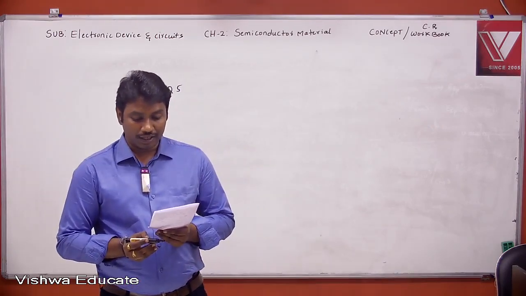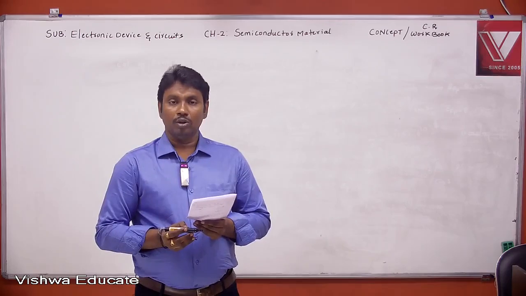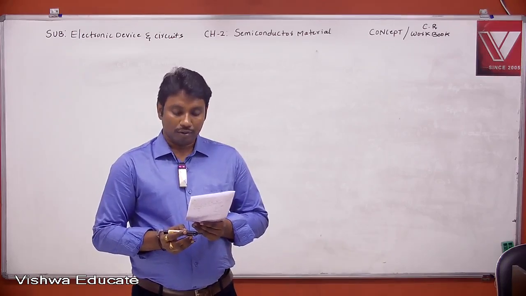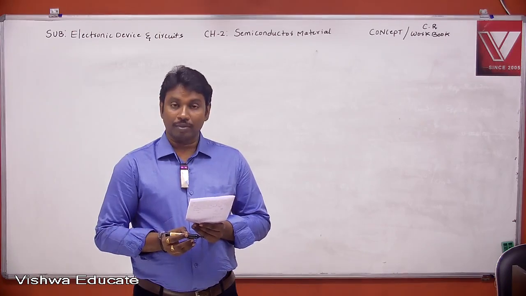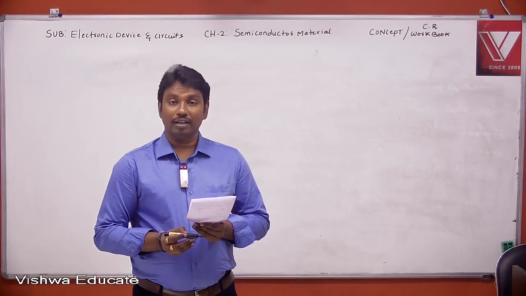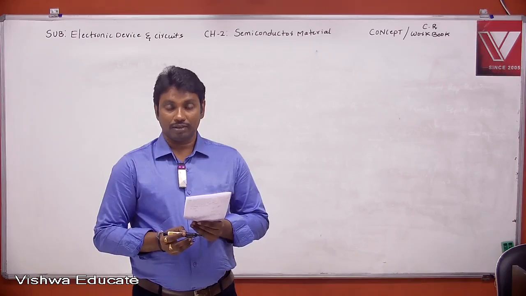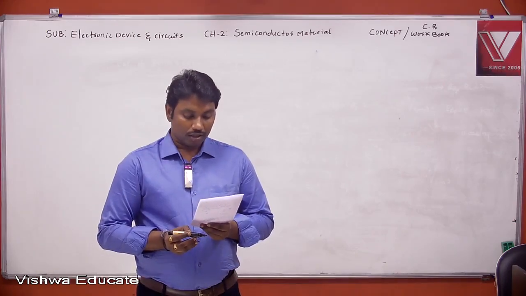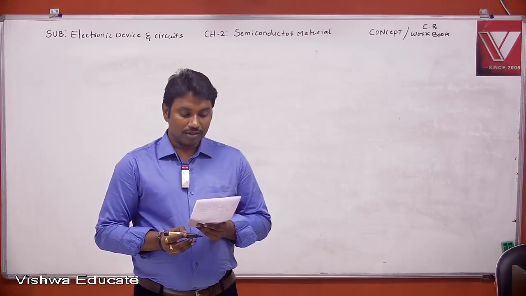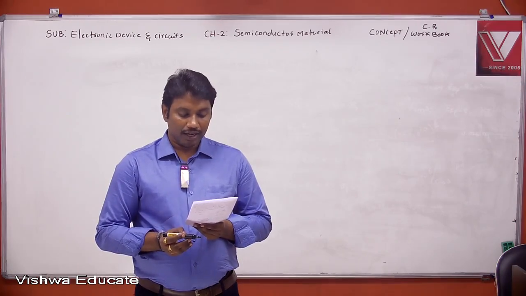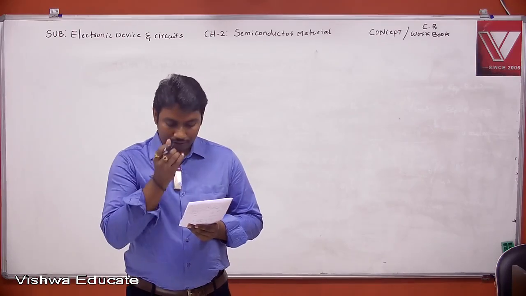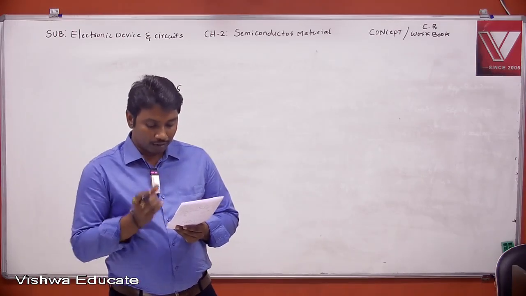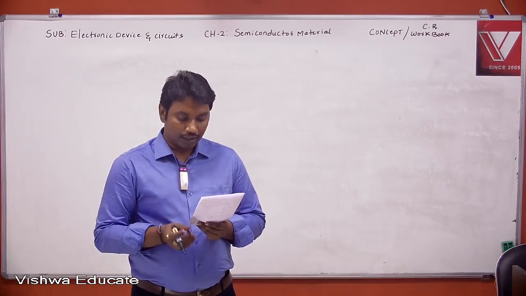Doping concentration is 4.2 into 10 power 8 per centimeter cube. Next, intrinsic concentration is 1.5 into 10 power 4 per centimeter cube.